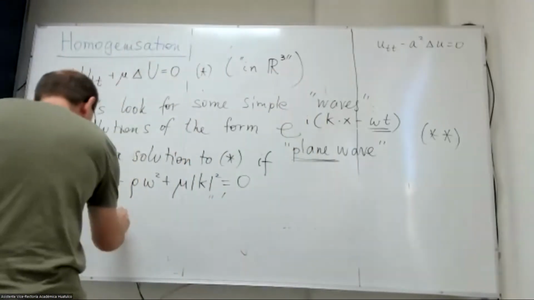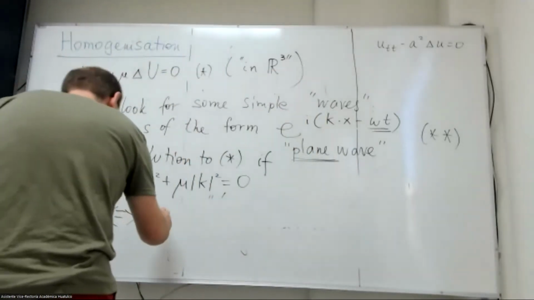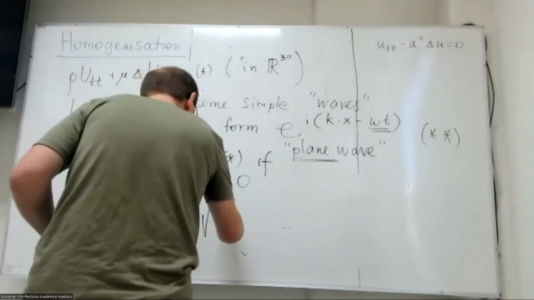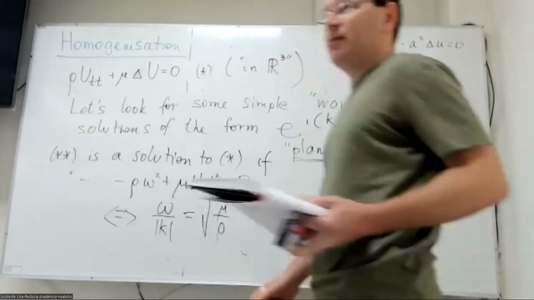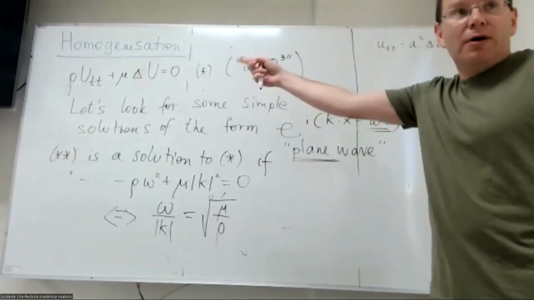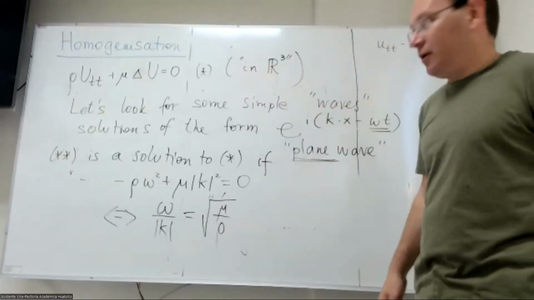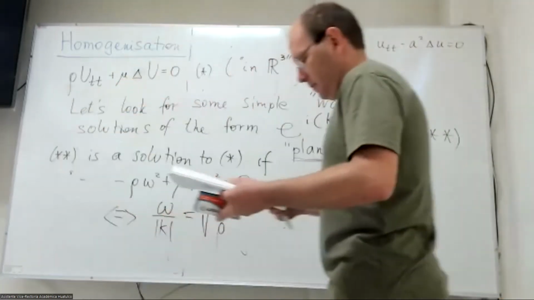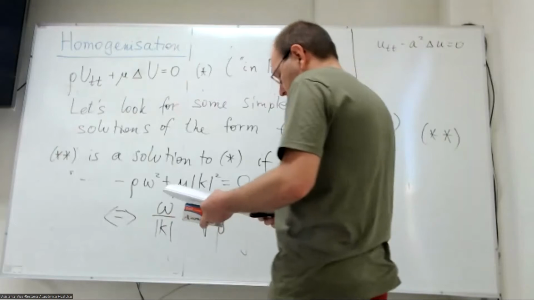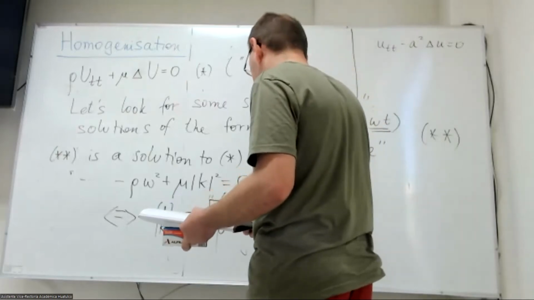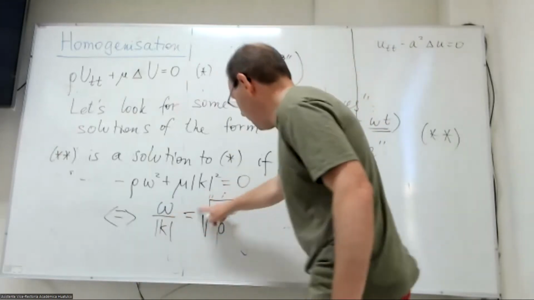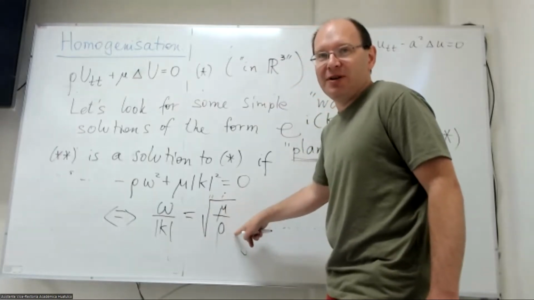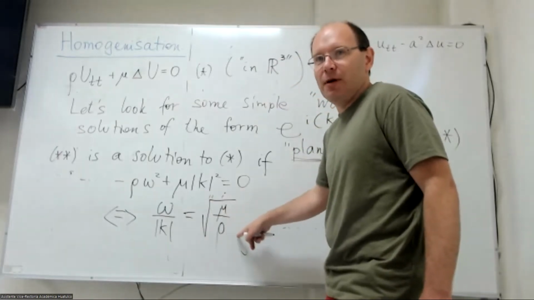Okay, so this gives me that omega over the modulus of k is the square root of mu over rho, where mu and rho, the elastic modulus and the mass density, were there from the very beginning. I'm not going into the details of the physical dimensions of these units; you can check them out for yourself.